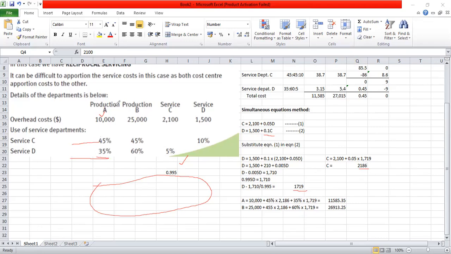B on the other hand spent 25,000 plus it has received 45% of 2186 plus 60% of 1719.